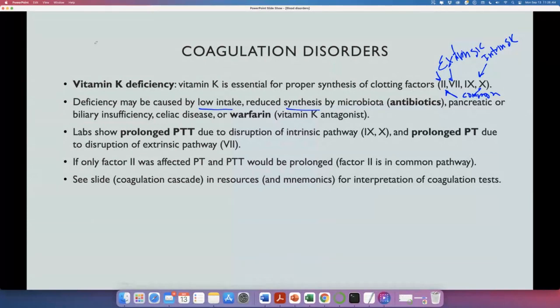There are some vitamins that are lipid soluble, A, D, E, K. So someone with pancreatic insufficiency, any malabsorptive disorder or biliary insufficiency will have a problem absorbing vitamin K. Or people who are taking warfarin, which acts as a vitamin K antagonist. Since this affects the extrinsic, intrinsic, and common pathways, everything is going to be altered.